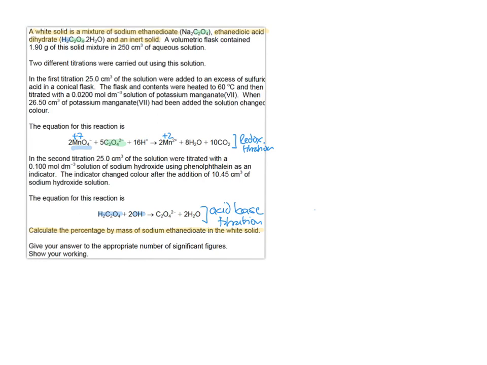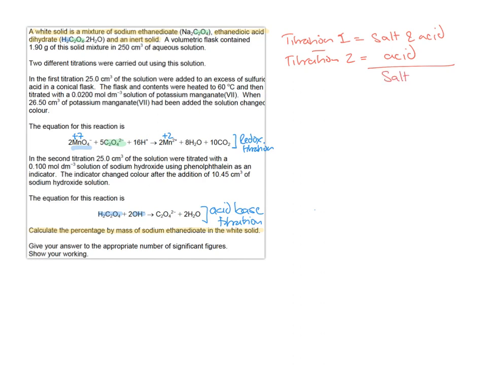So if we think about the two titrations, titration 1 gives us the salt and acid, and titration 2 is the acid. So if we think about the difference between them, if we subtract one from the other, then we're just going to get the salt.